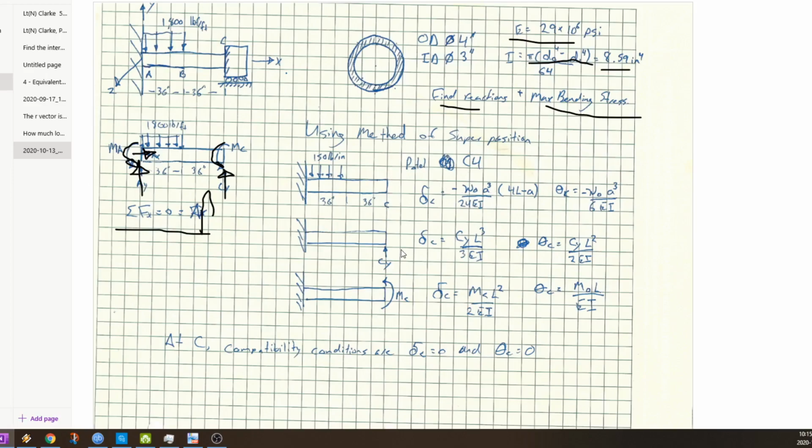So that's about it. We're going to use the method of superposition to break this up into three separate loading situations.